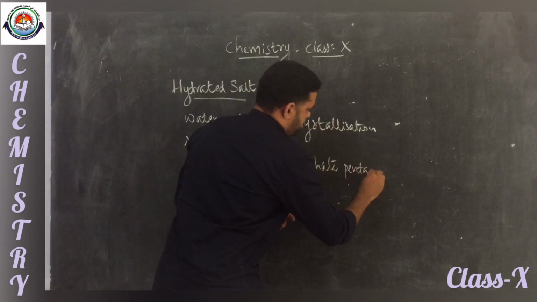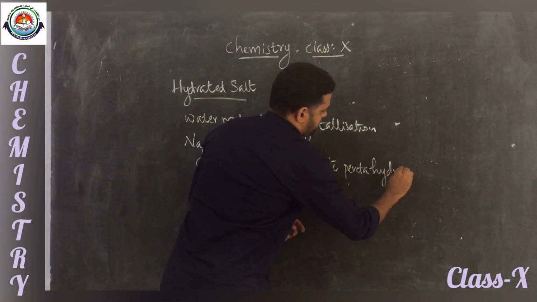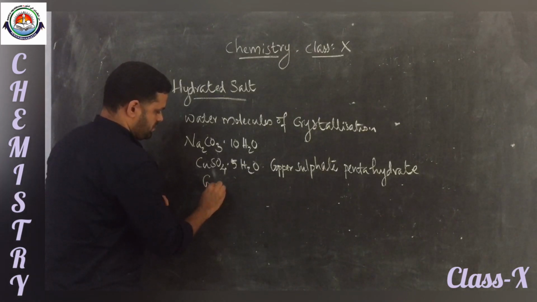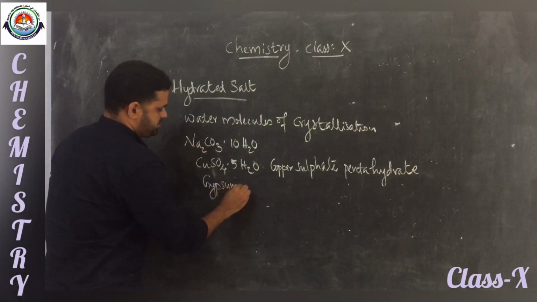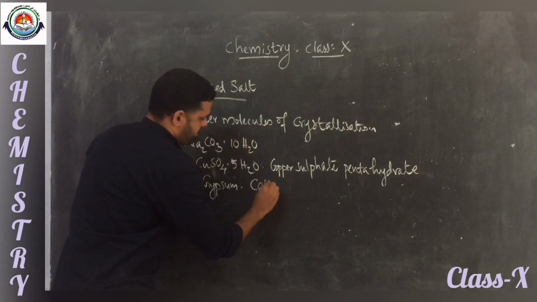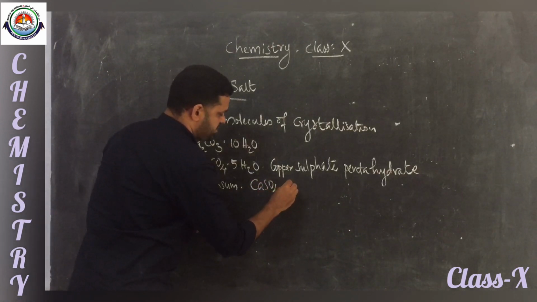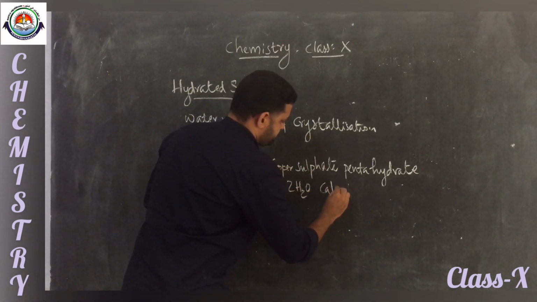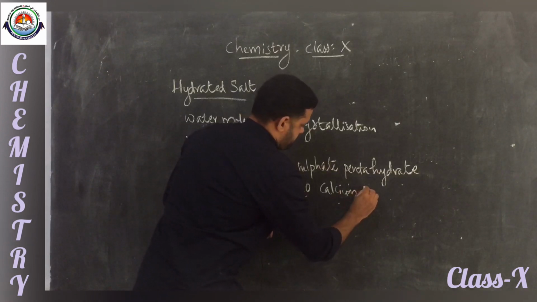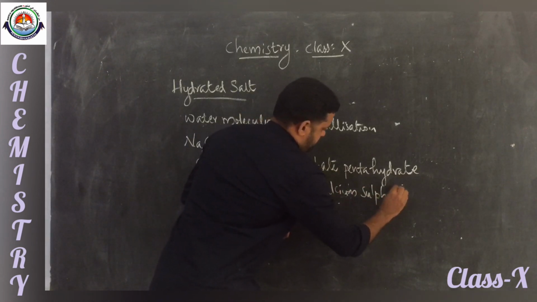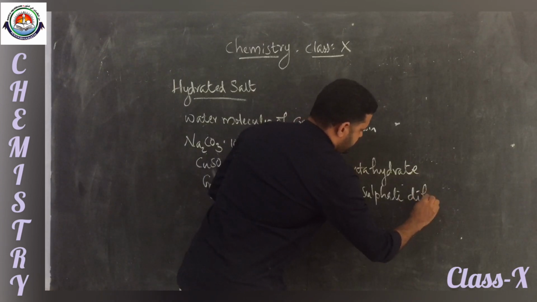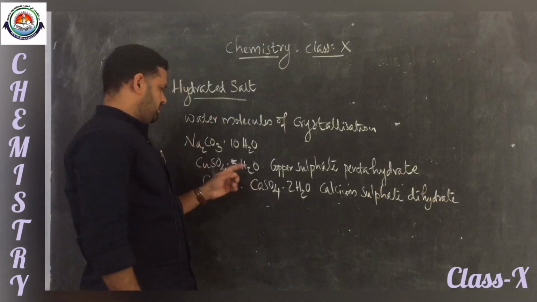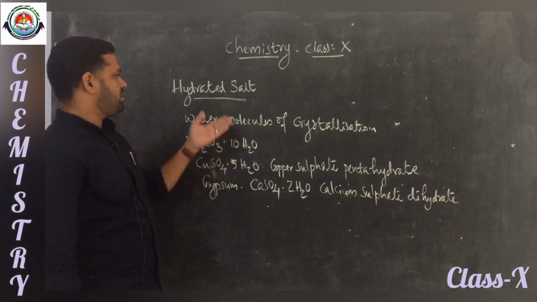Penta means 5. Then gypsum, that is CaSO4 2H2O, calcium sulfate dihydrate. So these are some of the examples of hydrated salts.